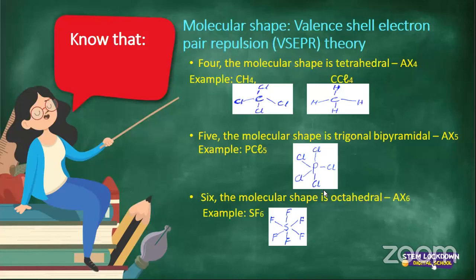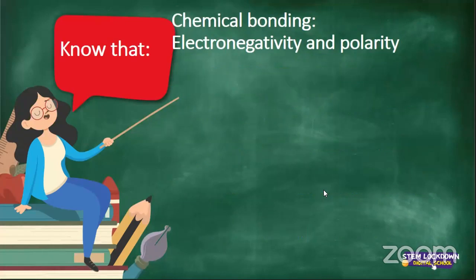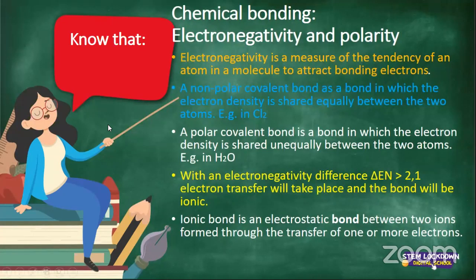Now, let's look at the concept of electronegativity. Electronegativity is a measure of the tendency of an atom in a molecule to attract bonding electrons. So we will also have the non-polar covalent bond. This is a bond in which electron density is shared equally between the bonded atoms because they have the same electronegativity.